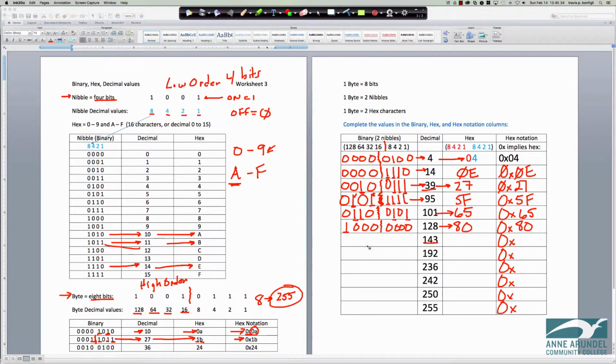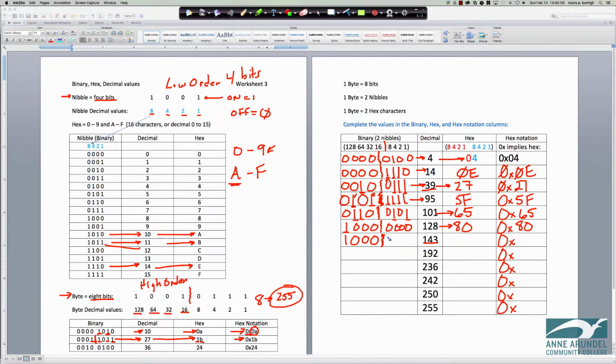Let's now go to 143. So we know that 128 will be on. 64 would be 192, so that won't be on. And then 32, so 128 would be 160, so that's going to be off. So 128 plus 16 is 144, so that's going to be off. Put my divider in here.